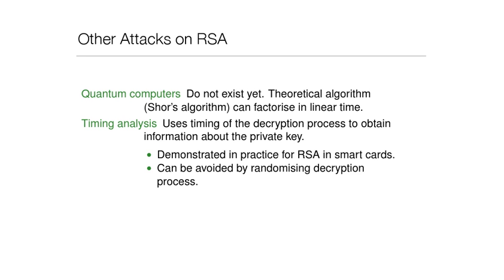And these are the other attacks on RSA, the quantum computers I told you about. And the other thing is timing analysis. This comes under the category of side channel attacks. I think I have discussed side channel attacks a little bit in a previous lecture.